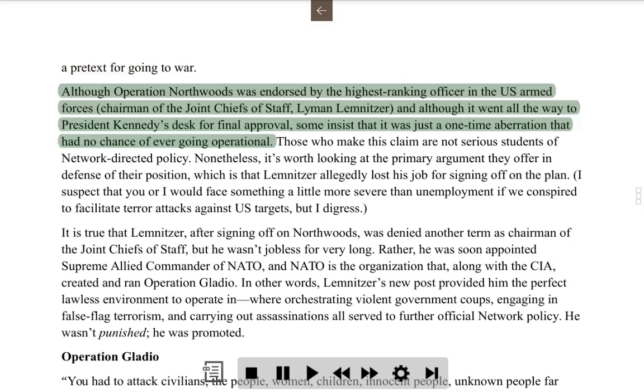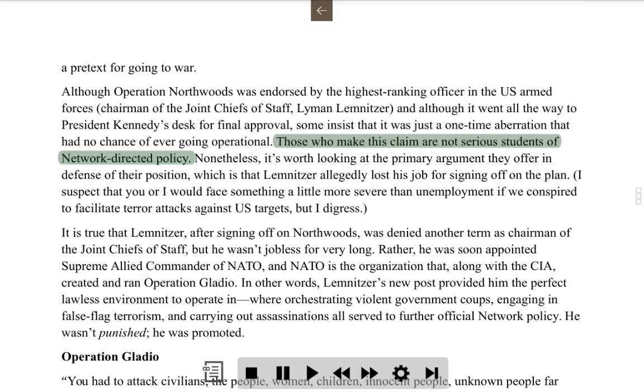Although Operation Northwoods was endorsed by the highest-ranking officer in the U.S. Armed Forces, Chairman of the Joint Chiefs of Staff, Lyman Lemnitzer, and although it went all the way to President Kennedy's desk for final approval, some insist that it was just a one-time aberration that had no chance of ever going operational. Those who make this claim are not serious students of network-directed policy.